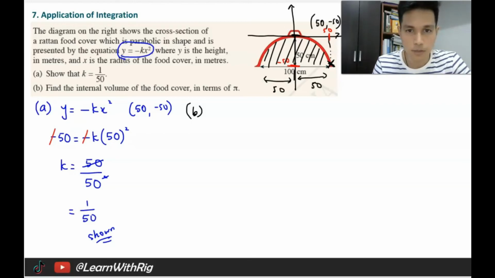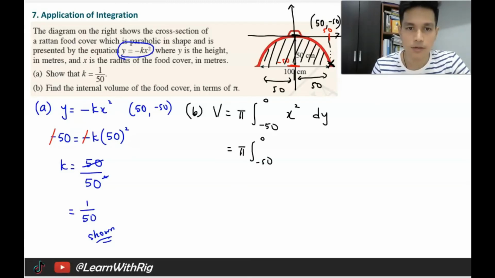So volume equals pi integrate from this bottom point here, which is negative 50, all the way to 0. Because it's on the y-axis, it's going to be dy, and here is going to be x squared.